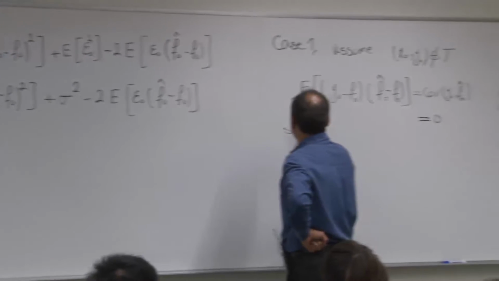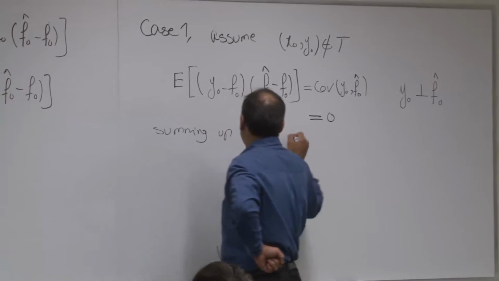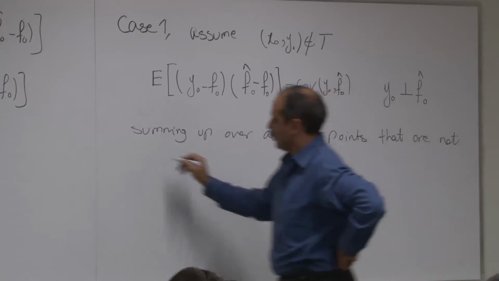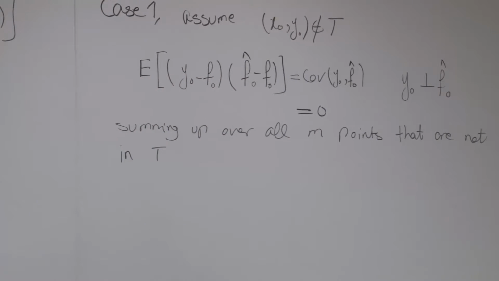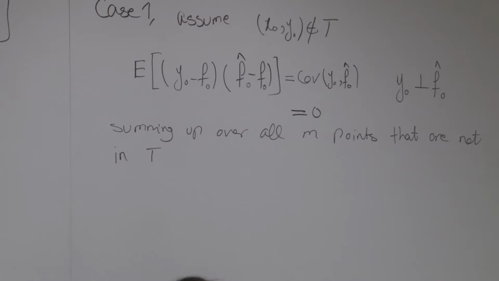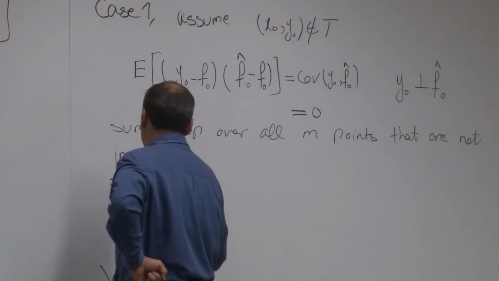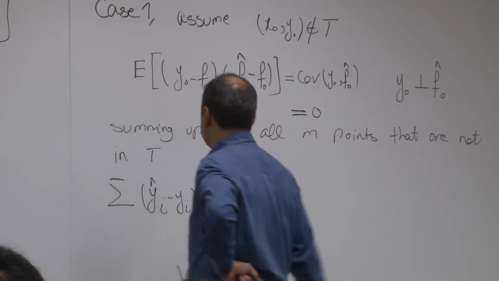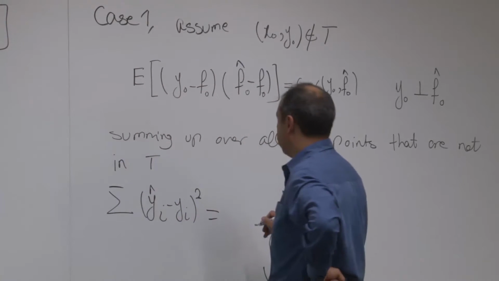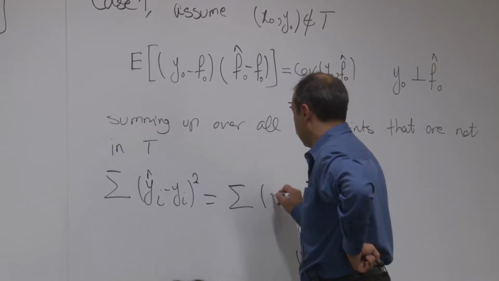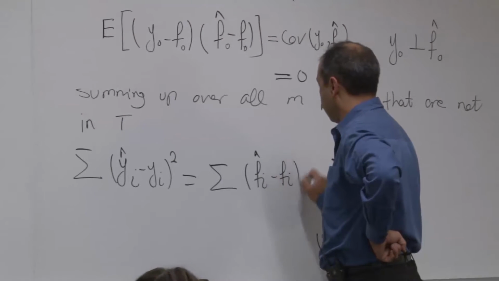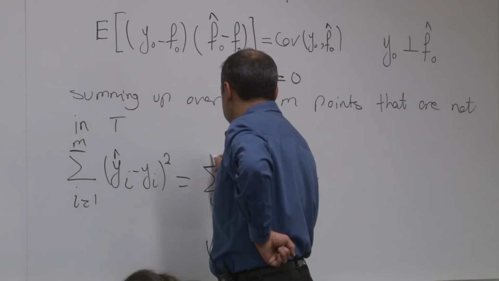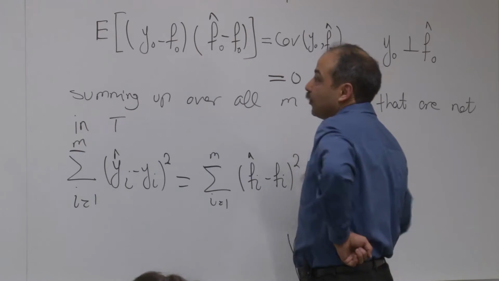Okay? So if I sum up over all m points that are not in the training set, on the left, basically, I have the summation of all of these points, which is equal to this summation plus, suppose that I have m of them, m sigma squared, and this last term is 0.